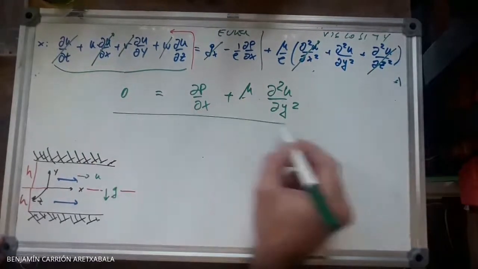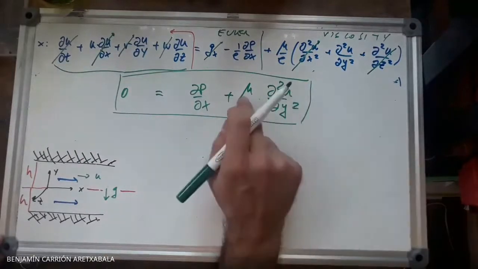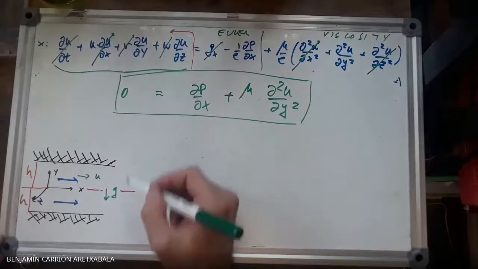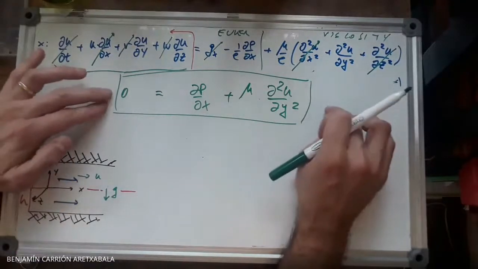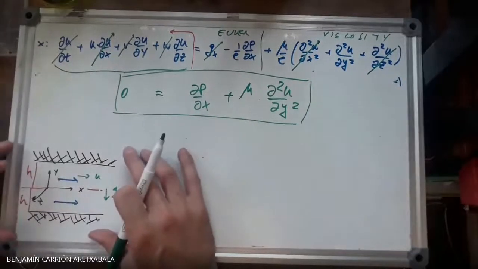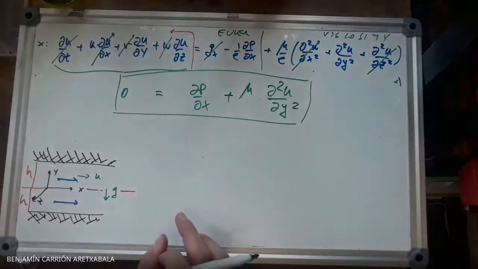This is the equation that represents how the horizontal velocity changes over y. Okay, so these are the simplified Navier-Stokes equations for this case. Okay, there might be another case, I don't know, painting flowing through a wall.